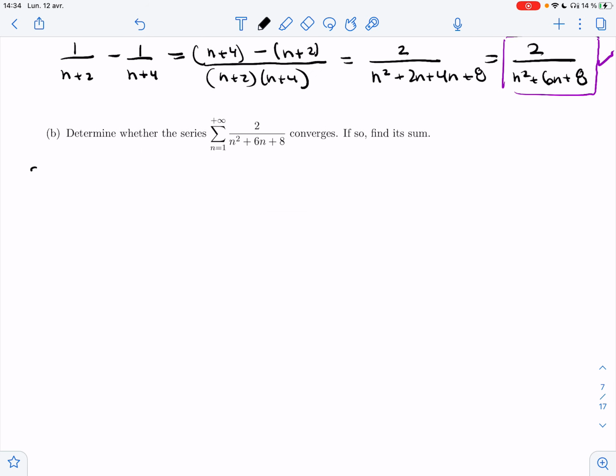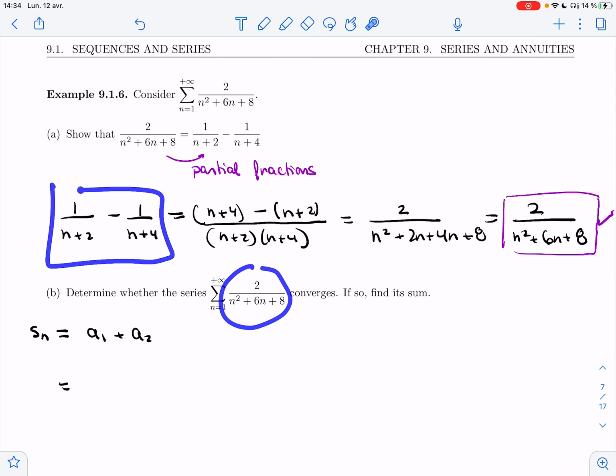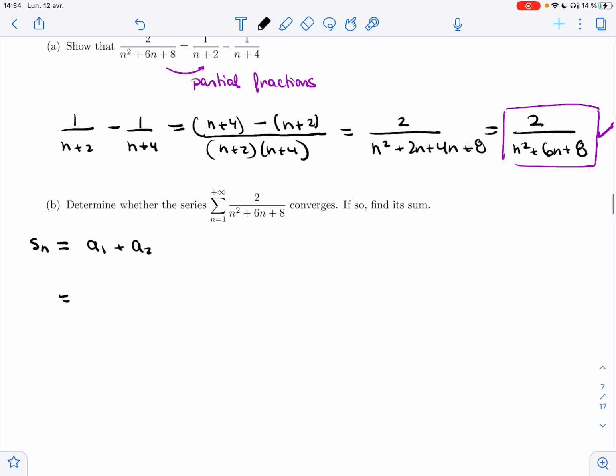All right, so let's look at Sn. That's going to be A1 plus A2. I'm going to write them this way because that's how I'll see cancellation. Let me put that first to make sure everybody's following.